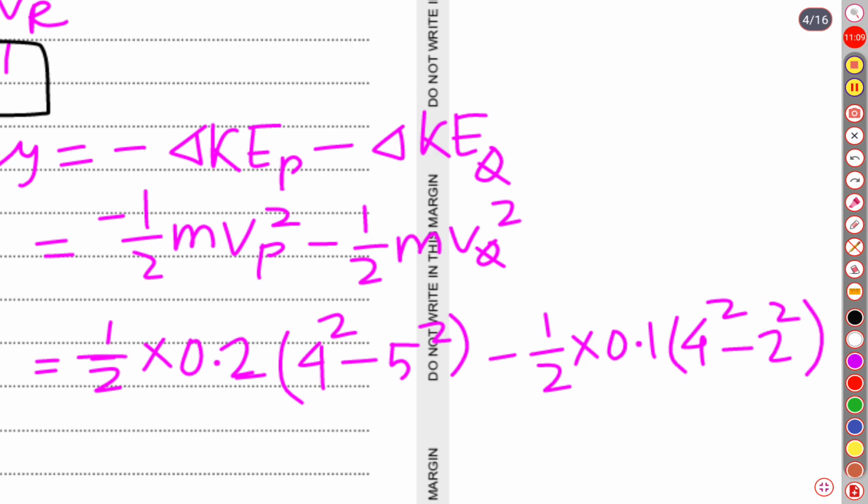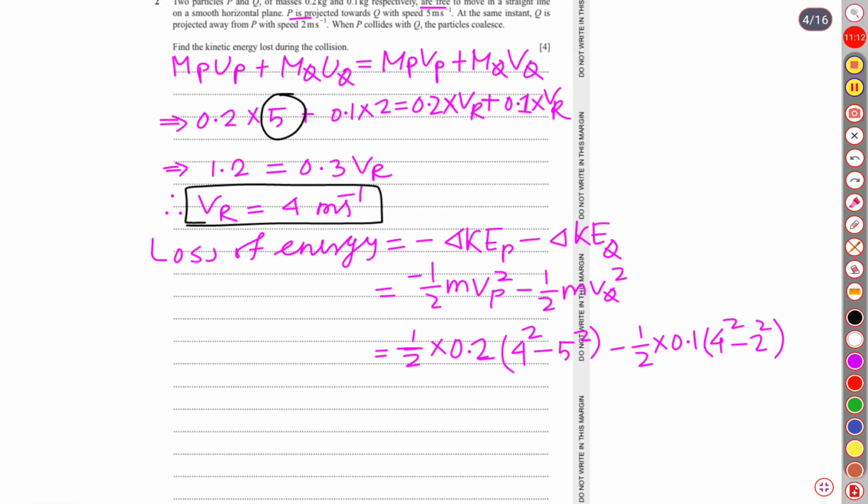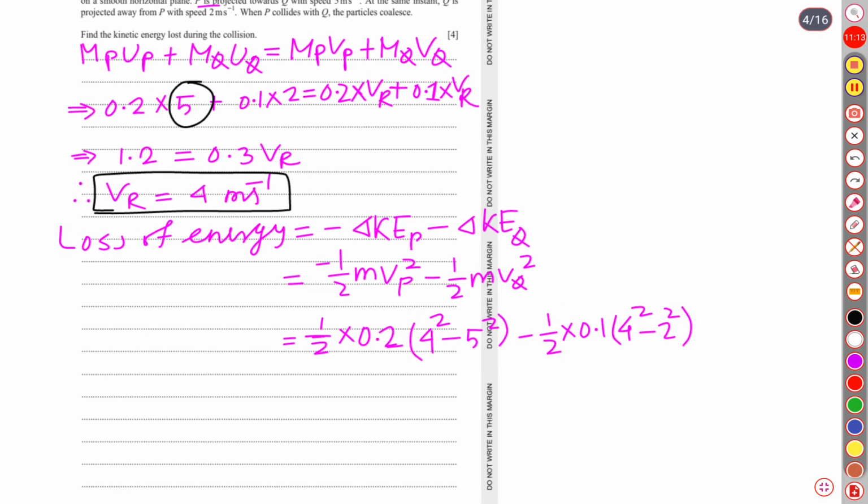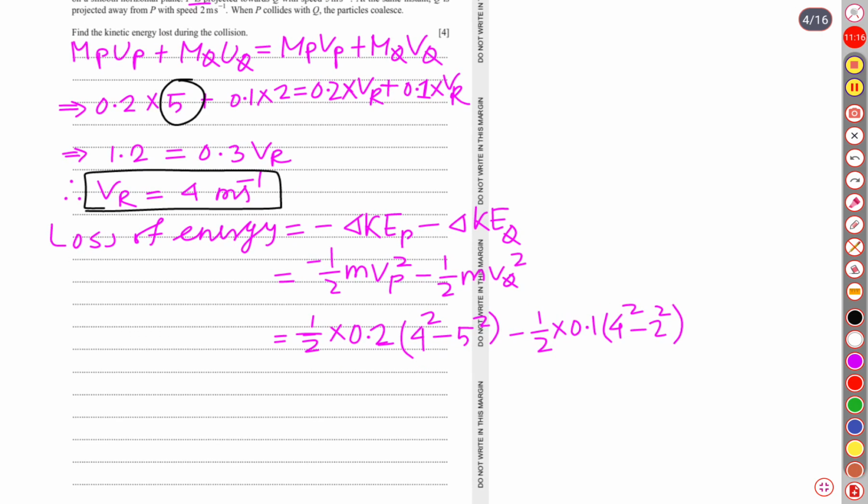Now if we simplify this, we get 25 minus 16, that is 9. So 9 times 0.1, that is 0.9 for the first particle, 0.9, minus here 16 minus 4, 12. So 0.6.